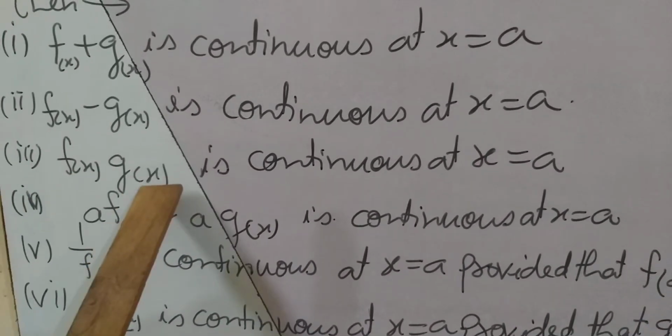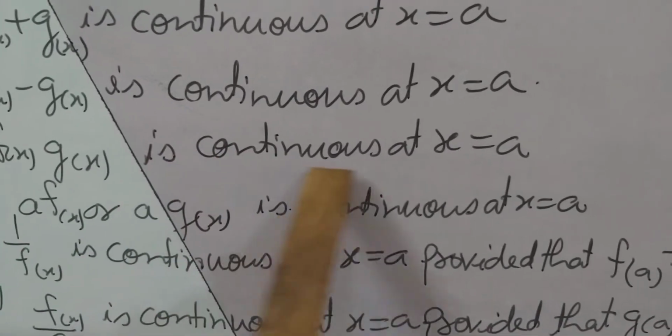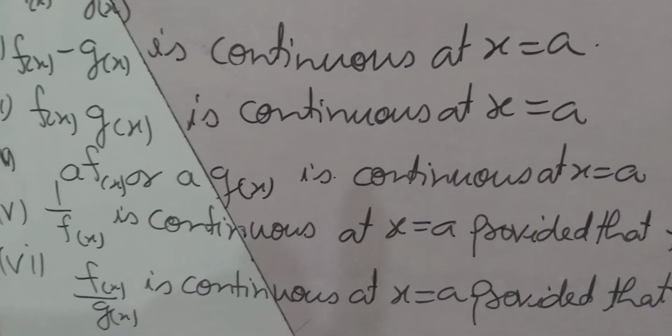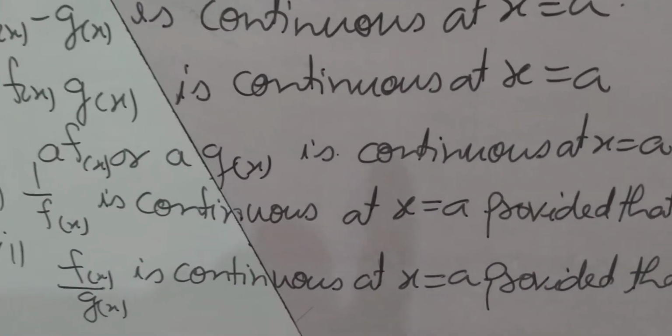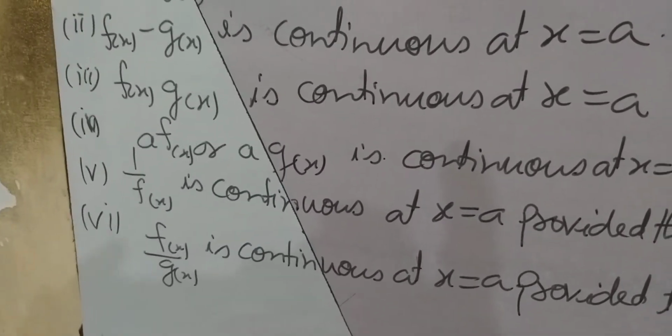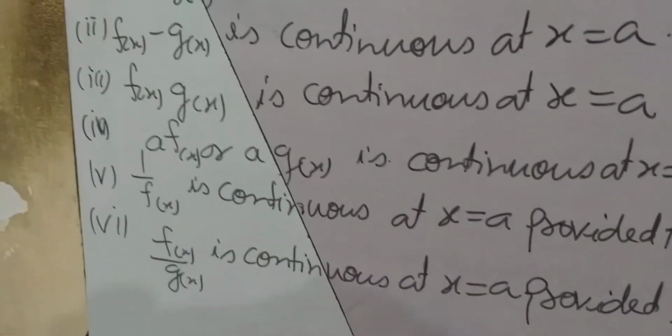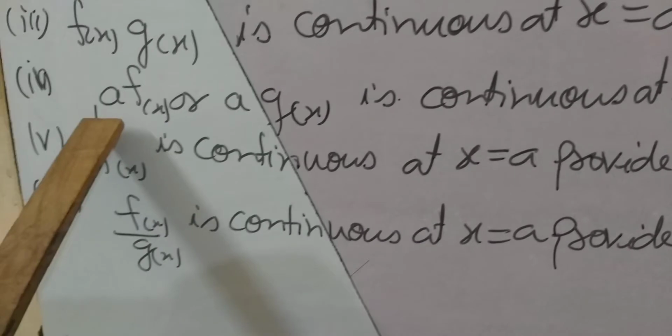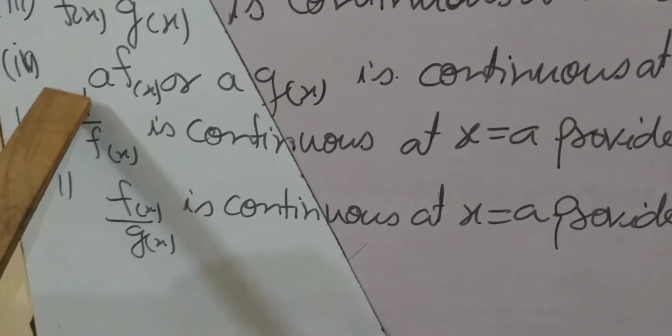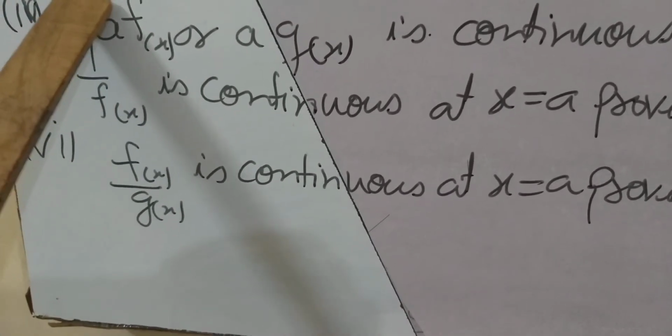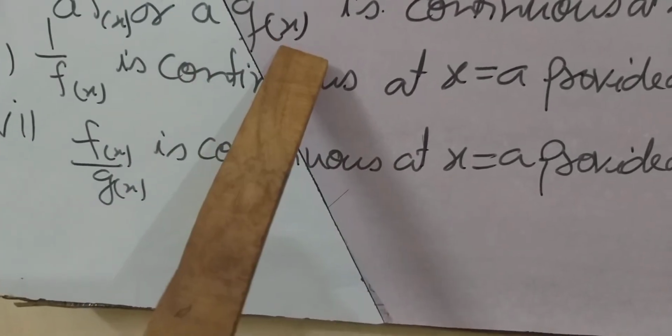Their product also is continuous at x equal to a. And the function multiplied by a, or you can say the product of a and the function, is also continuous at a.